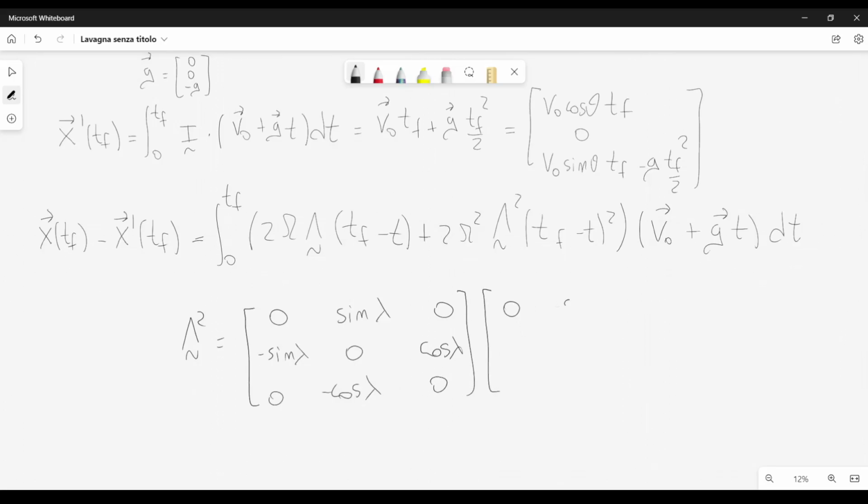Here we have 0 sine lambda, 0 minus sine lambda, 0 cosine lambda, 0 minus cosine lambda, 0.